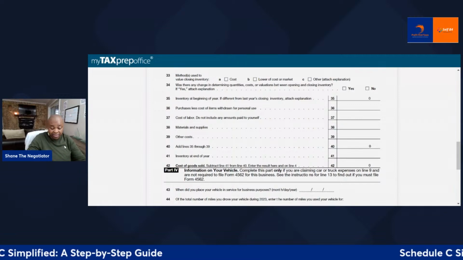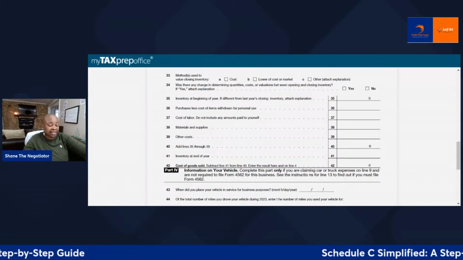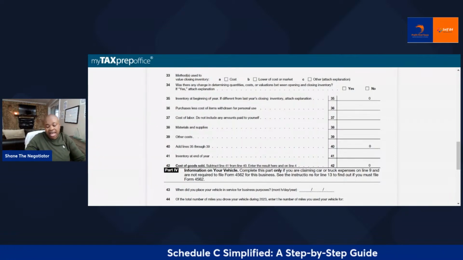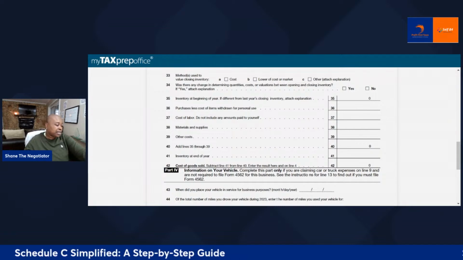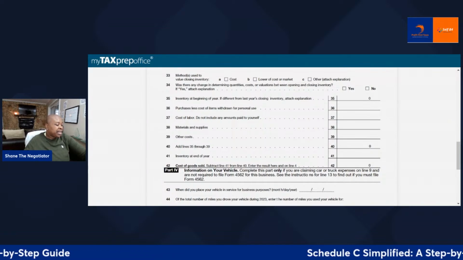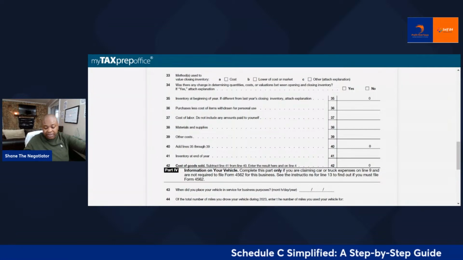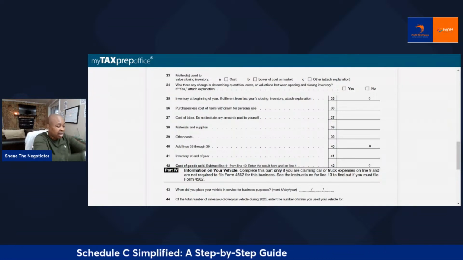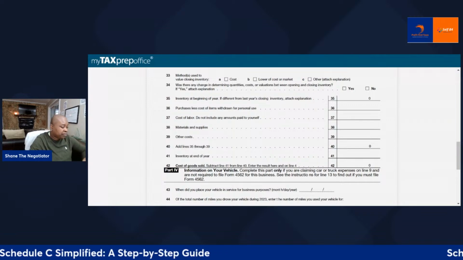We started at 10,000, and now you have 5,000 additional. So your total is going to be 15,000, and that is what goes down on line 40. That is the total amount we got from the lines above.